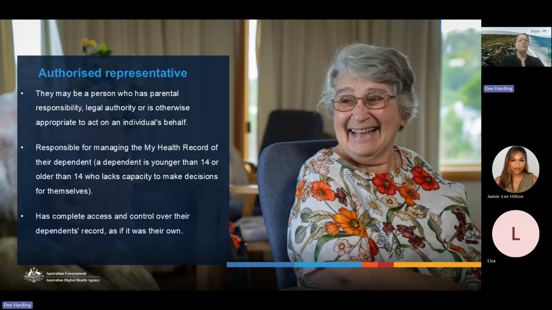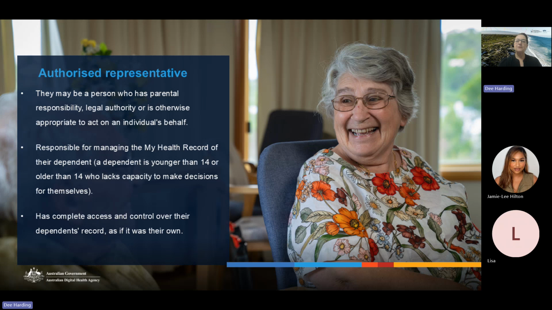Authorised representatives. In the aged care setting, the language around this topic relates more to those residents that have lost capacity. These residents would usually have an appointed enduring power of attorney, or an EPG, enduring power of guardianship. This appointed person will be responsible for a resident's medical decision making. A lot of our people with cognitive decline, with dementia, Alzheimer's, would already have that person appointed to be able to make those clinical decisions on their behalf.